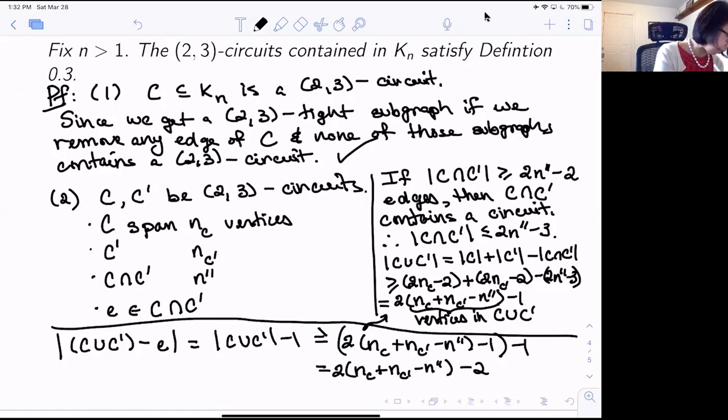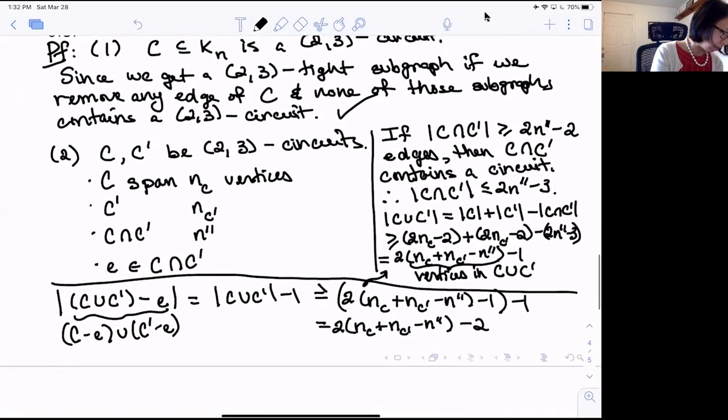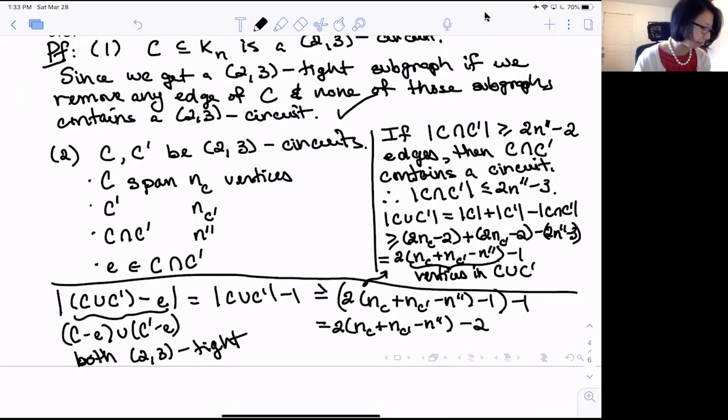Another way of writing this is C minus e union C prime minus e. Since C and C prime are both circuits, these are both 2-3 tight. And then the gluing lemma from chapter 8, where we proved the LPG theorem, says that if I take 2-3 tight graphs that overlap on at least 2 vertices, and since they share an edge, these do overlap on at least 2 vertices, then either the result is 2-3 tight, or it contains a circuit.